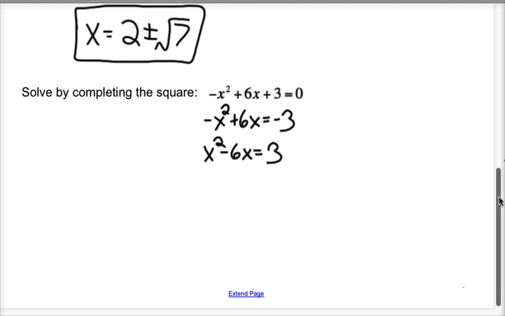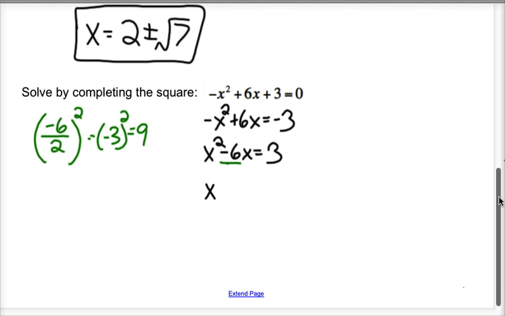What's the next step? Well, the next step is looking at that negative 6 and saying, all right, I need to get b divided by 2 squared. So negative 3 squared, or we're talking about 9. So I need to add 9 to both sides of my equation.